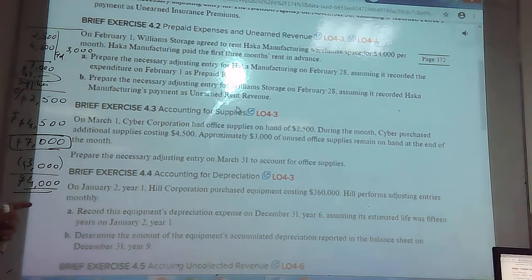Now you can say that office supplies initially were $7,000, and you had made the first entry, office supplies to cash. But then some of the office supplies were used and they are converted into expense. So now they have to be credited because they are no more an asset.